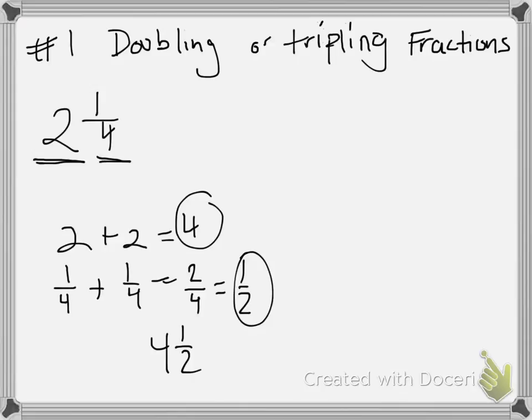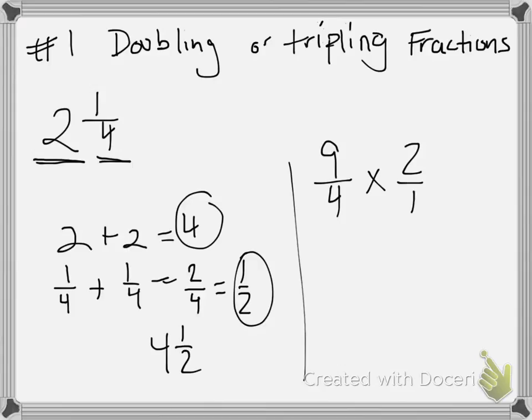Another way to do it is I could take this 2 1/4 and I could turn that into an improper fraction. So I could say 4 times 2 is 8, plus 1 more is 9. So I have 9/4. And I'm going to double that, which means I'm going to do it 2 times. So I'm going to multiply it by 2.